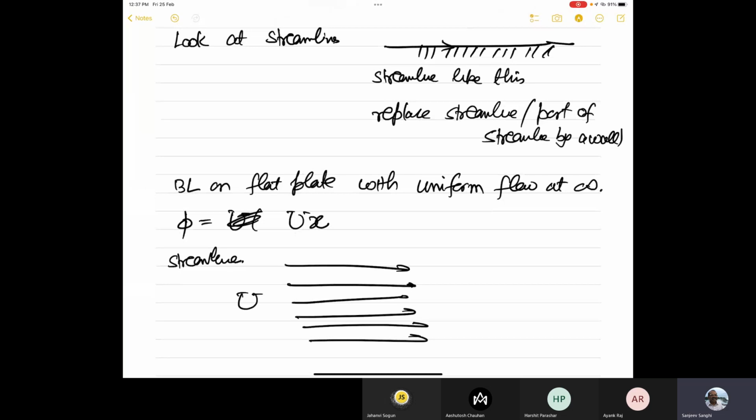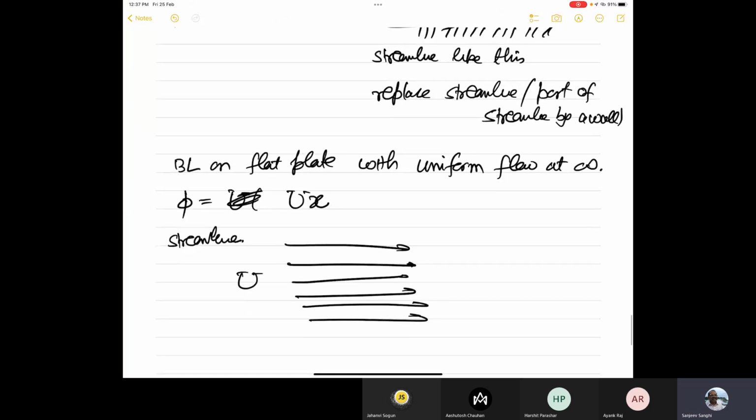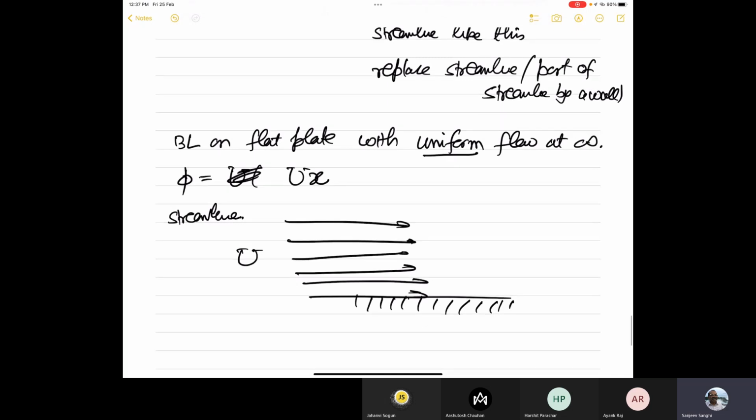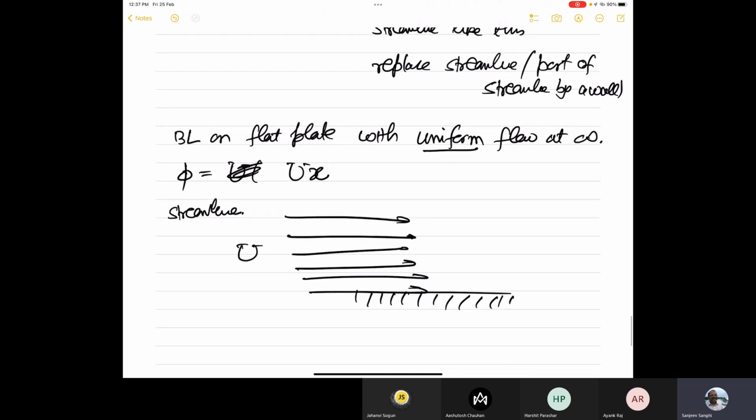This is whatever the velocity capital U is, which is uniform. Uniform means it is constant, it's not a function of x. Then in this flow, you say this streamline is a body, a flat plate. So this is how you get flow past a flat plate which is uniform at infinity.